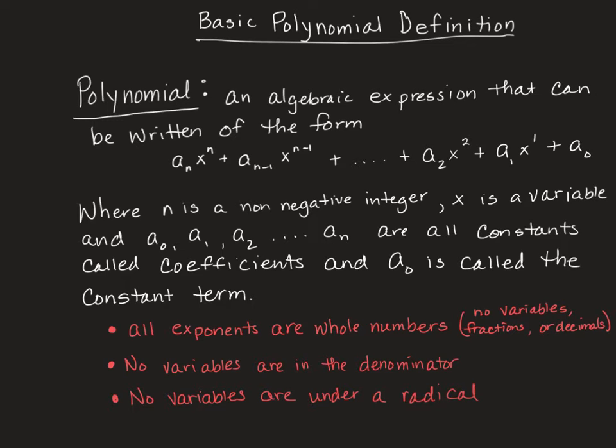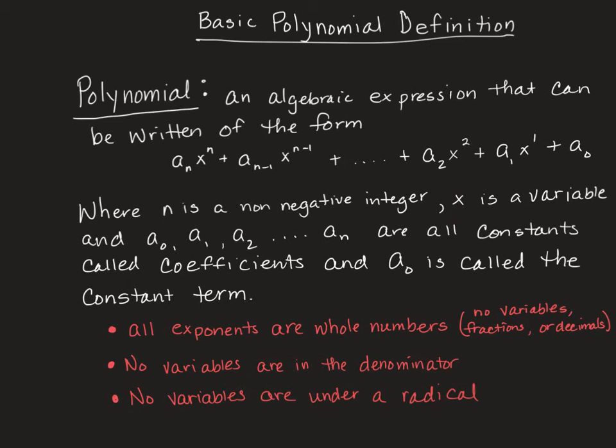Okay, so that's a lot of math speak just to tell you that it's going to run down in order, largest exponent first, down to the term that would not have an x or a variable, which is called my constant term. And they're just telling you that n is non-negative, so we're not going to have a negative exponent anywhere. We're not going to have a coefficient that would be odd.